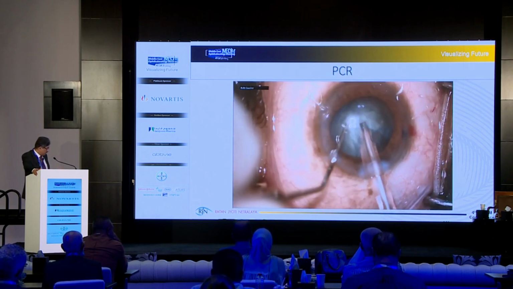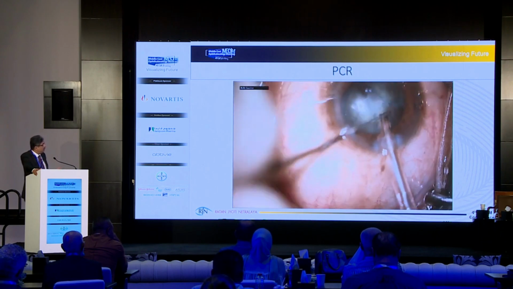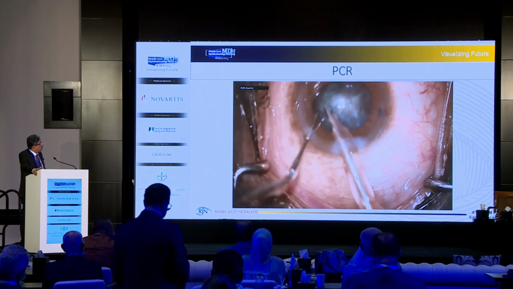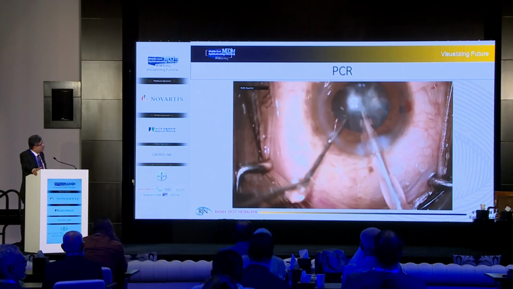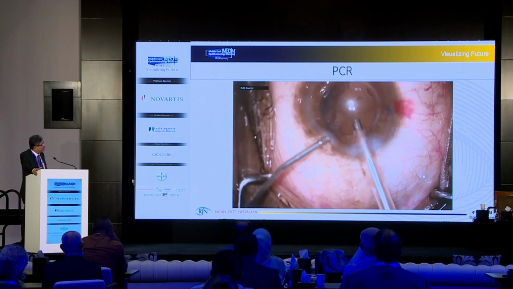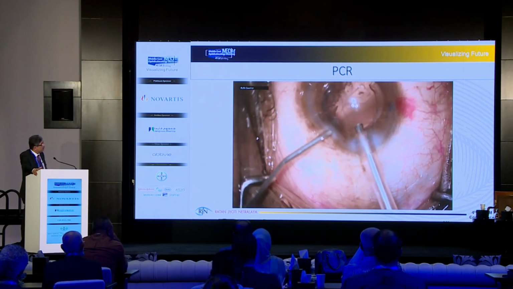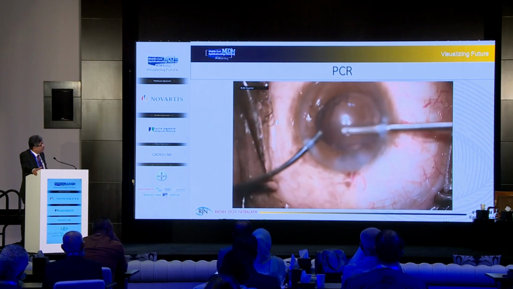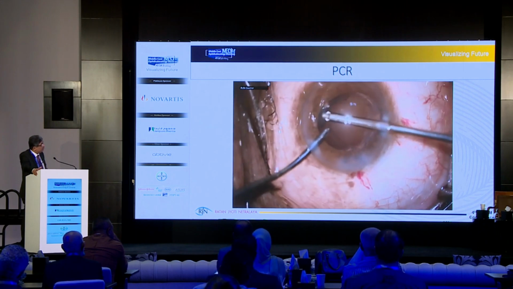Okay, now in this case, phacoemulsification is being done, everything is going smoothly, but there has appeared a rent inside. And again, this has appeared during the time when the last piece of the nucleus was being taken out.